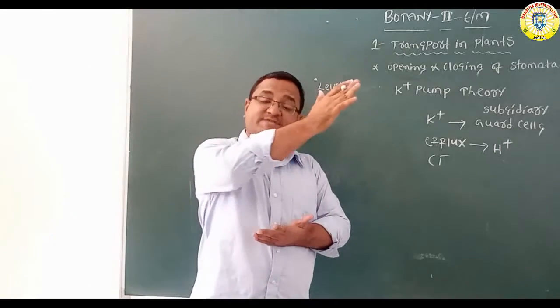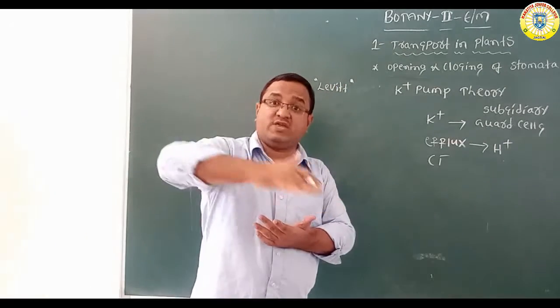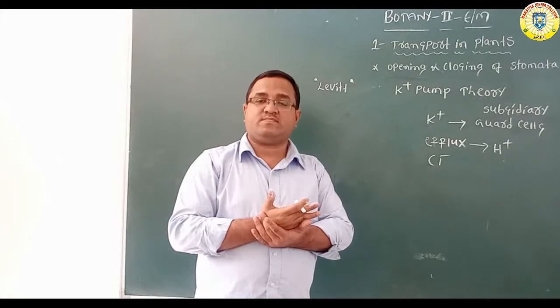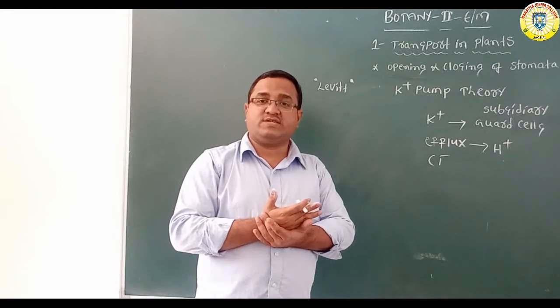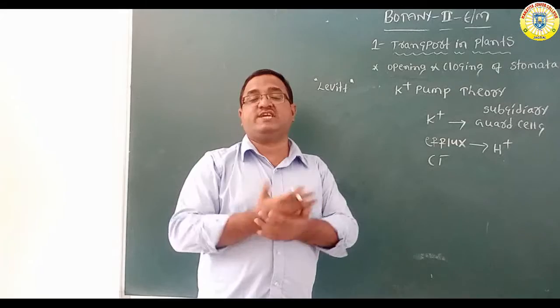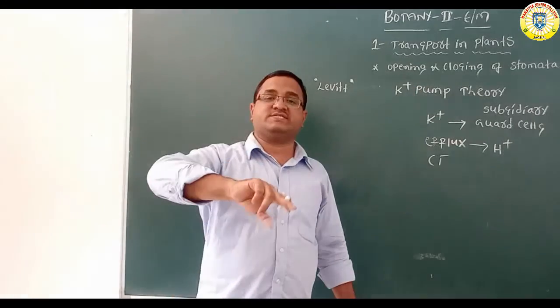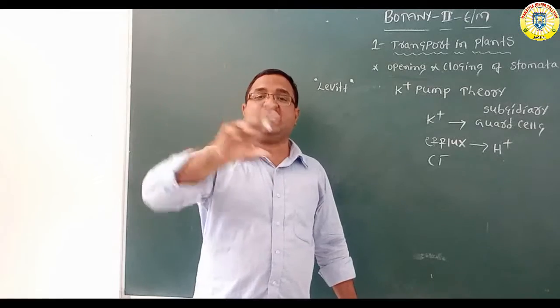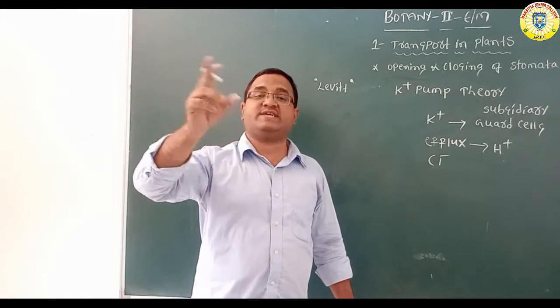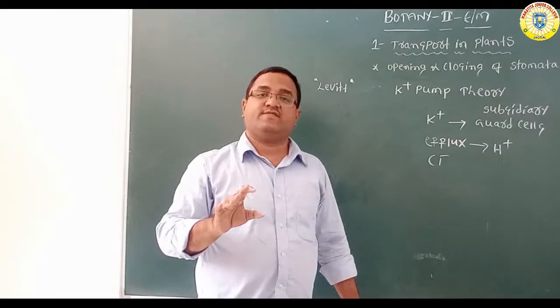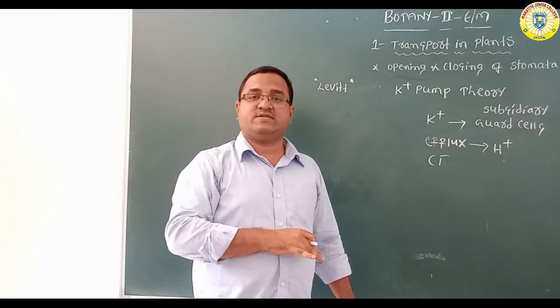So the water which is present outside can enter into the guard cells. The guard cells become turgid, and this leads to opening of stomata. Whenever K plus ions and Cl minus ions enter into the guard cells, protons come out of the guard cells.